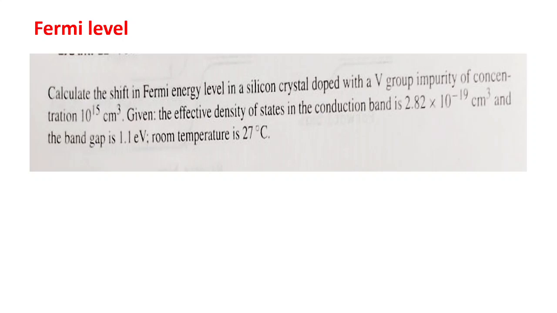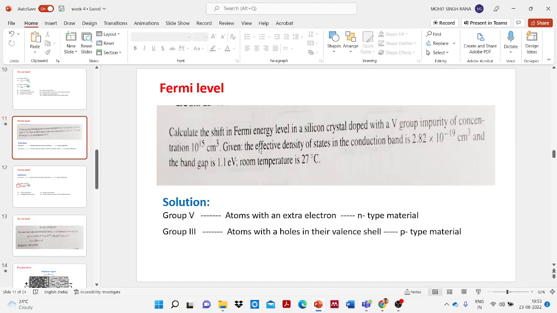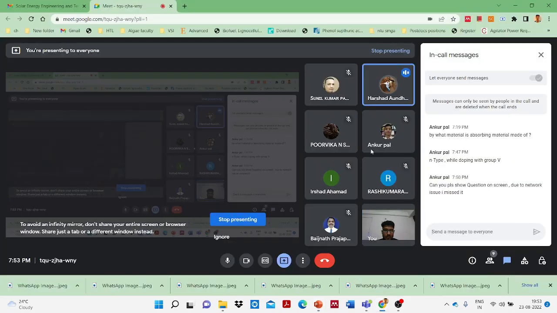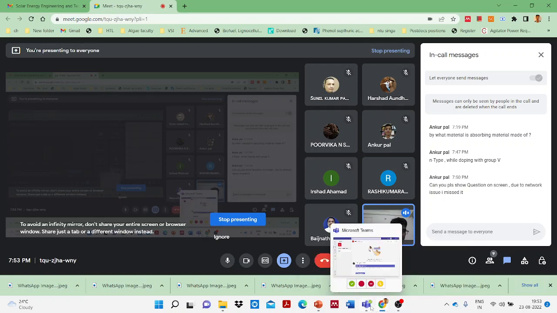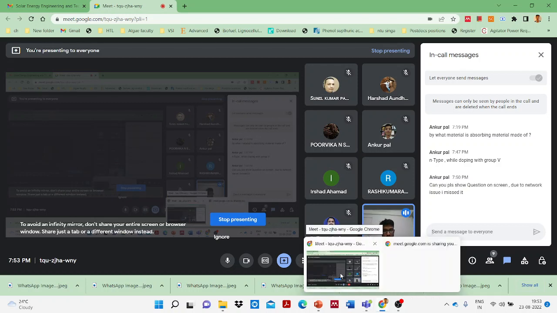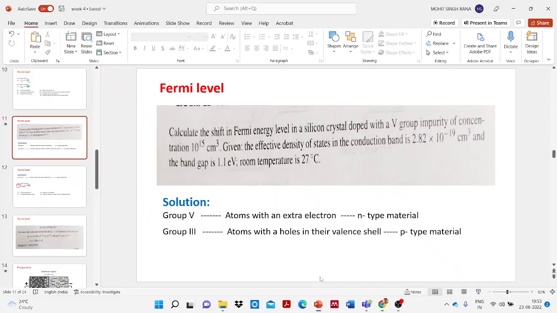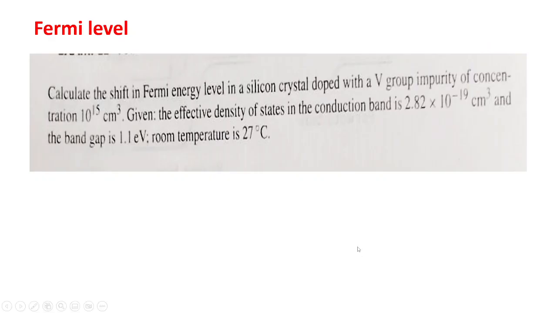Okay, have you noted down the question? Yes, sir. If any one of you has some clarity about the terms given in the question, please let me know. I'm again showing the question. Meanwhile, whatever you are thinking about the given values, let me know, and then we will go ahead. I'm showing the slide again. Okay, is the slide visible now?